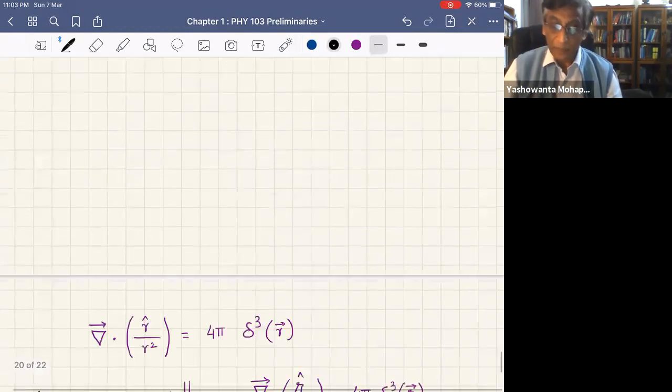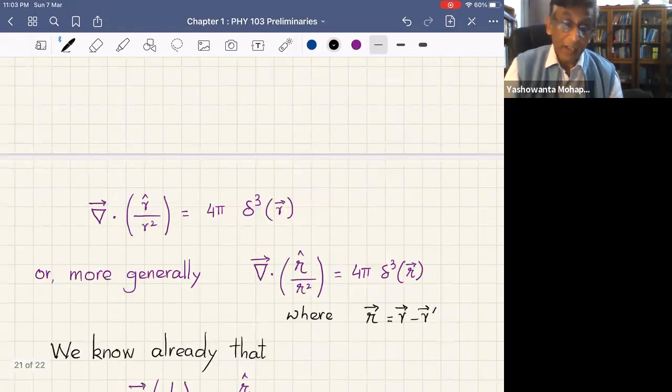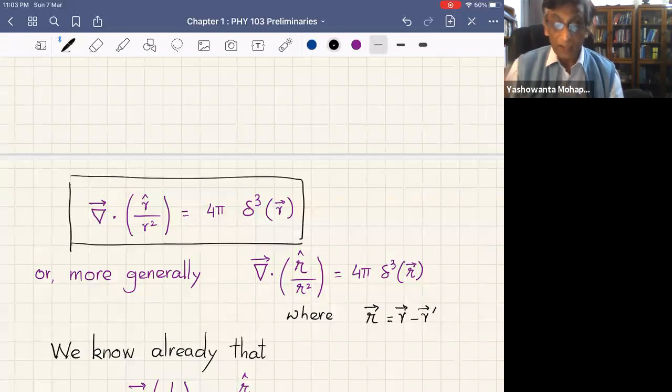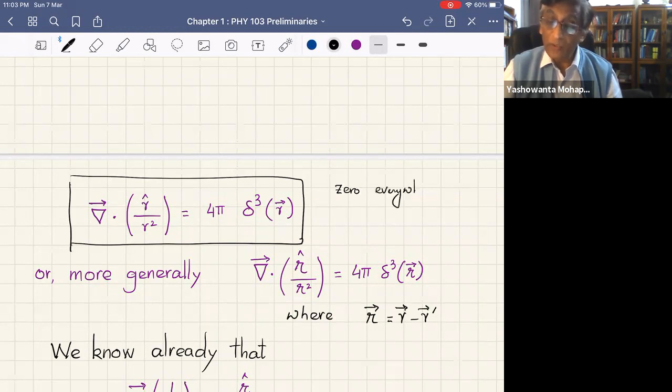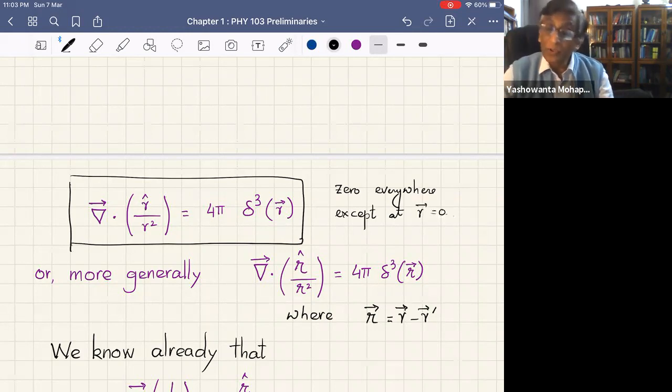So the divergence is 4 pi delta cubed of r, which means it is 0 everywhere except at r equal to 0. And what is the height at r equal to 0? It's 4 pi.